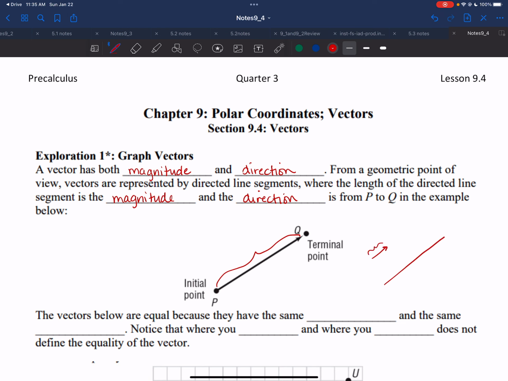If I have a very, very large vector, it's going to be a large value. And this direction is really our angle, right? So I could have a small vector heading to quadrant 2. I could have a large vector heading south, right, at 270 degrees with a certain magnitude, let's say, 15 meters per second. So all of these vectors have both that value and a direction, okay?